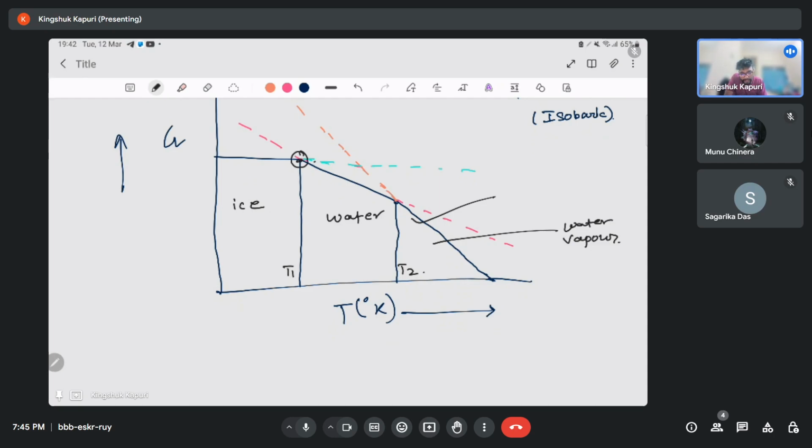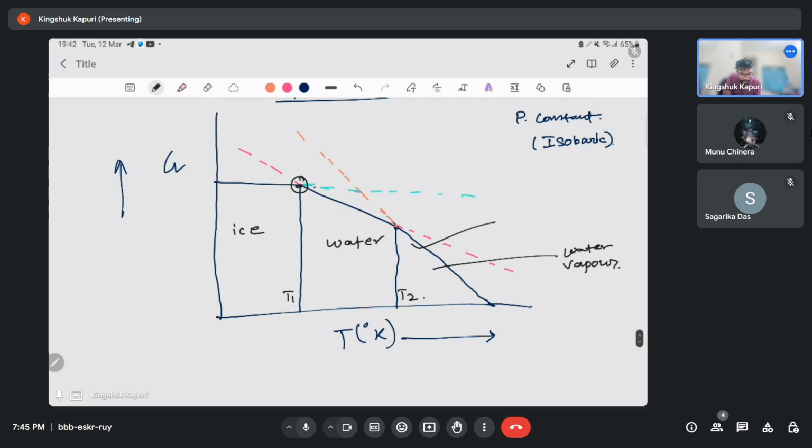where the solid and liquid lines meet, and this is at T1. So at this point both ice and water will be stable, but the vapor will not be stable, because at this point, if we extend the slope for vapor, right?